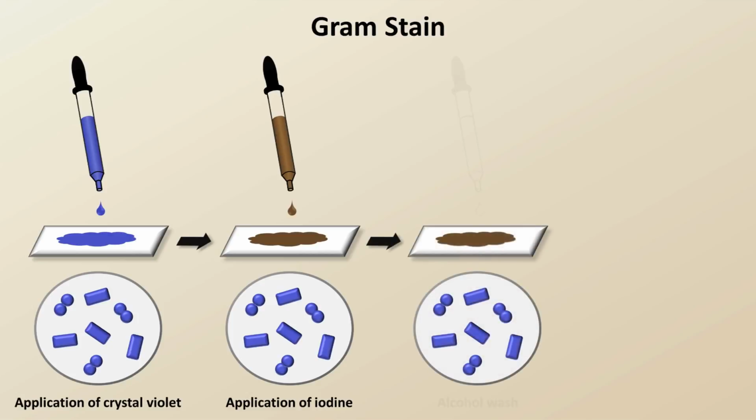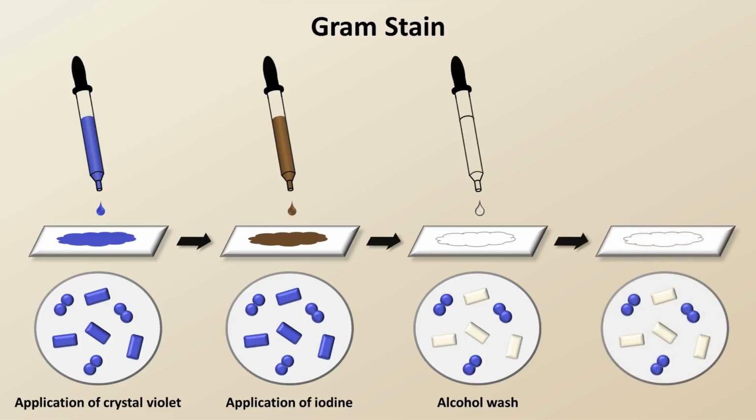Then the cells are washed with ethyl alcohol or sometimes acetone. In gram-negative cells, the alcohol or acetone destroys the outer lipopolysaccharide membrane and washes out the crystal violet iodine complexes, so that these cells become unstained again. However, the crystal violet iodine complexes cannot be washed out of the much thicker peptidoglycan layer in gram-positive cells, so they stay purple.